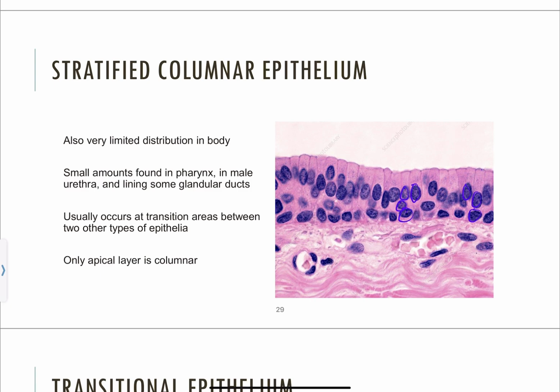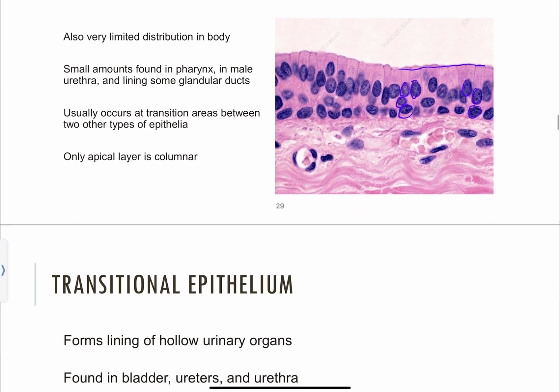Also, if you look, we can see that each of the columnar cells reaches to the apical surface, and we have a nice even row. We don't see any that are ending down at the basal side. So we say that this is truly stratified columnar epithelium, not the pseudostratified columnar.